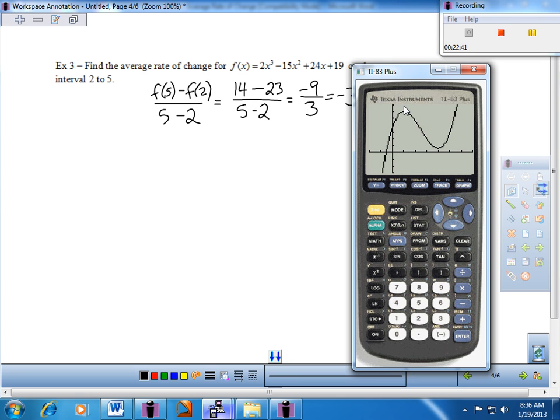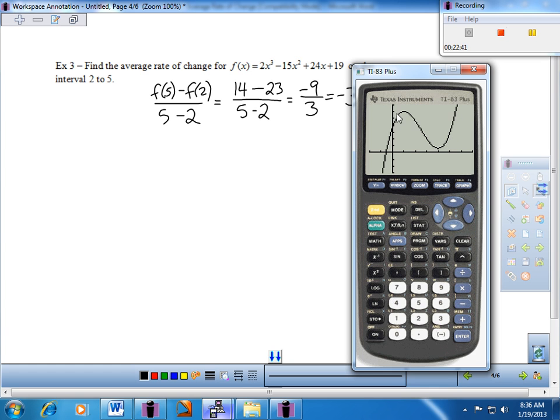And I just want to know on average what's going on between positive 2 and positive 5. So let's go ahead and take a look. Here's x equals 2, so this would be right up here. So by the way, this would be 2 comma, what did we say, 23. And then let's see, 3, 4, 5. So that would be this right here. This, as we said, was 5 comma 14.